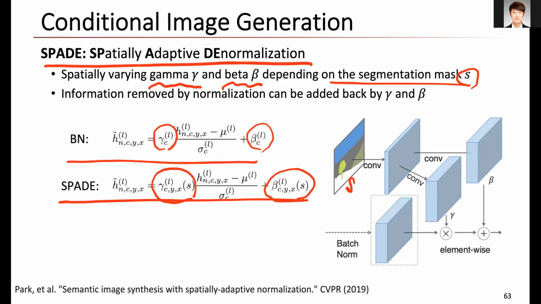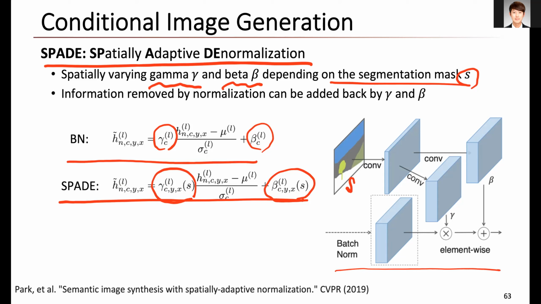So they propose this one as a SPADE layer. By just using this SPADE layer, compared to the batch norm layer, we can discriminate the label map as well. So we can get high quality images. We can achieve high quality images using this kind of generator containing this SPADE layer.